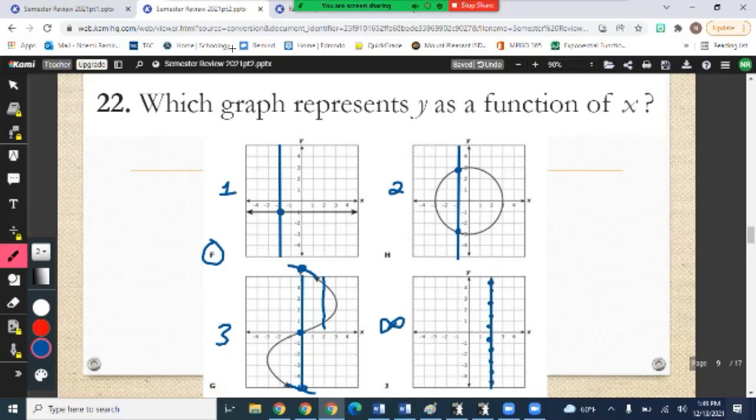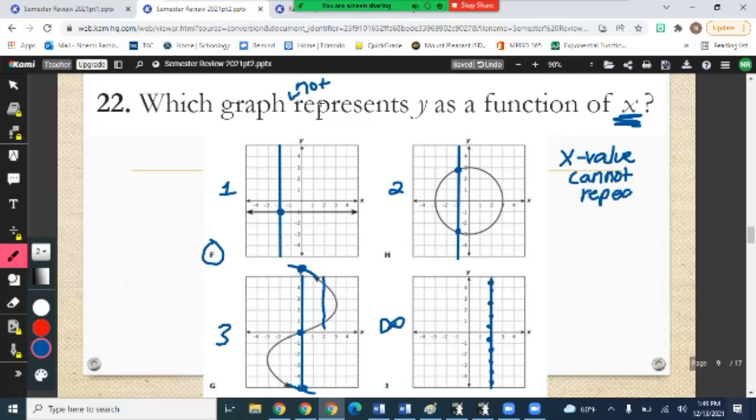Now, if you do come across one that says does not represent y as a function of x, there's going to be 3 graphs where they only cross once and 1 where it crosses a bunch of times, 2 or more. But remember, with functions, we're only paying attention to the x value, just in case you get a group of ordered pairs. The X value cannot repeat.